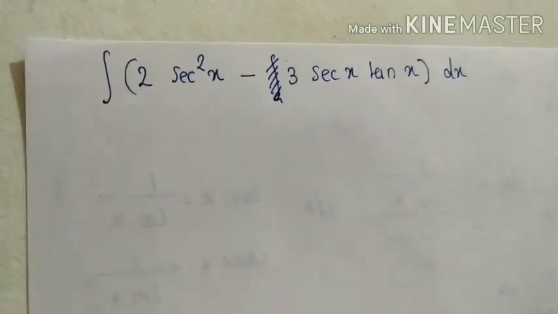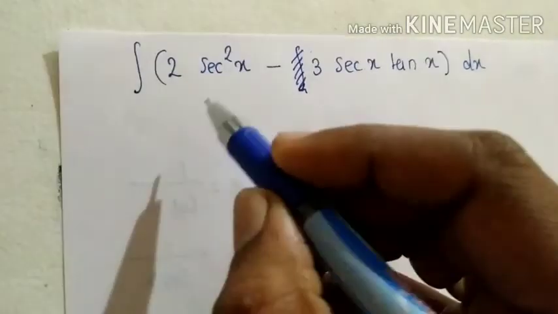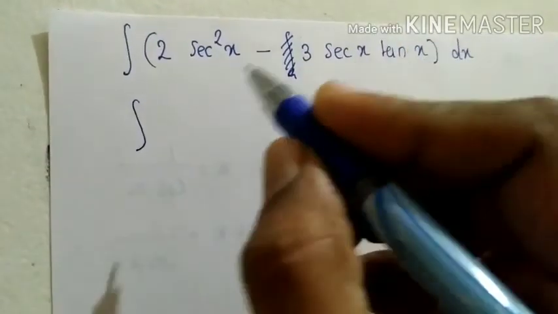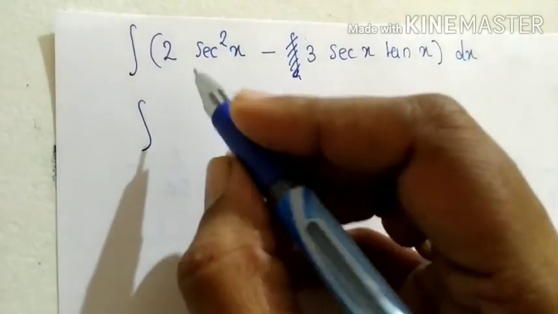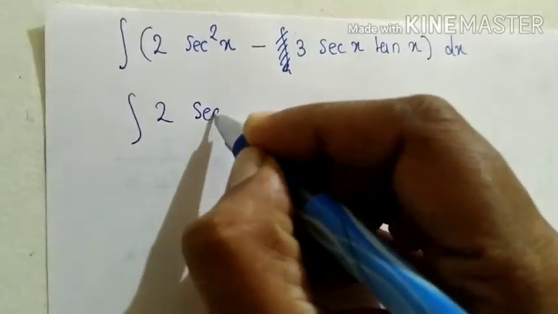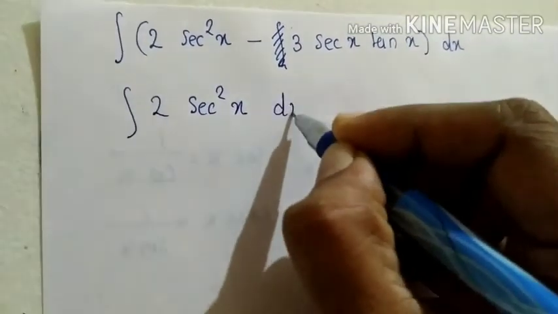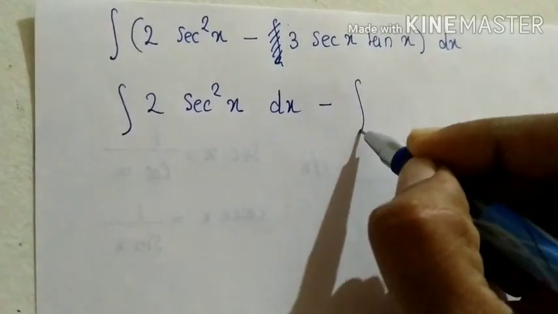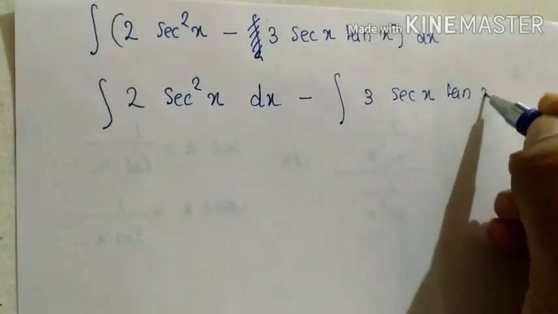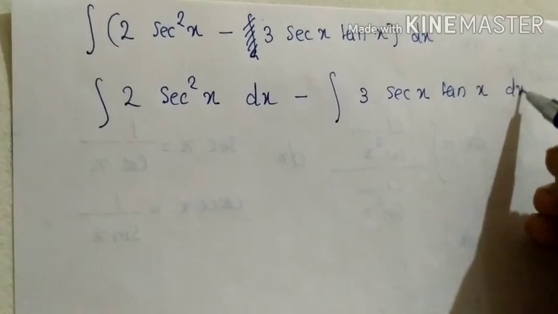Next, by using the additive property of integration, I am going to split this integration into integral 2 sec square x dx minus integral 3 sec x tan x dx.